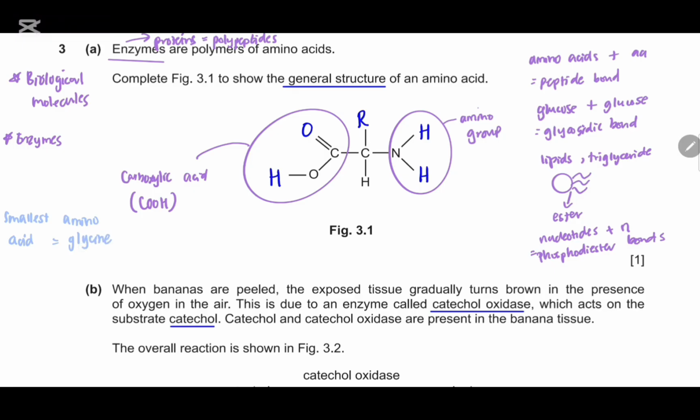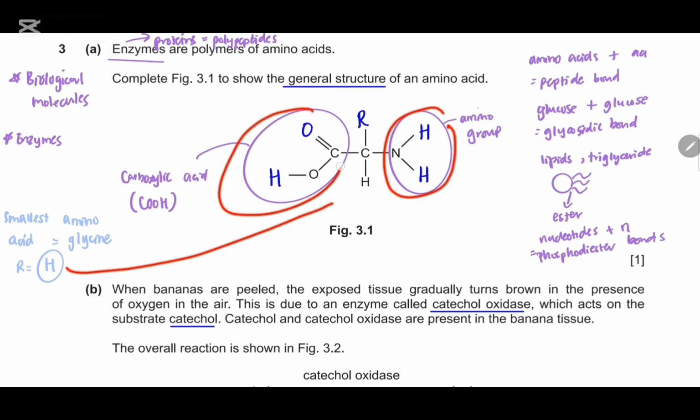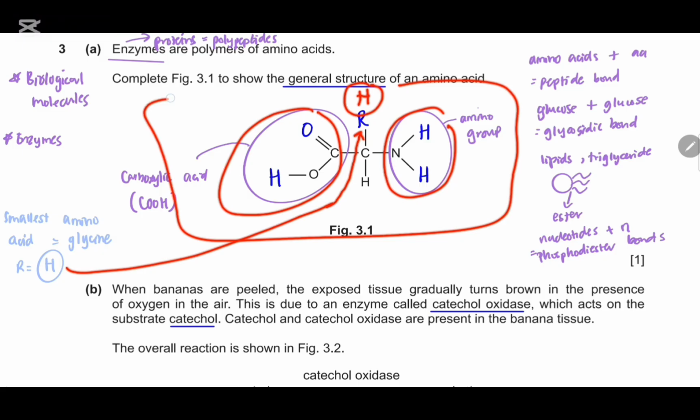The R group for glycine is just hydrogen. So glycine will have an amino group, a carboxylic acid group, and the R group would be hydrogen. So this is the smallest amino acid.